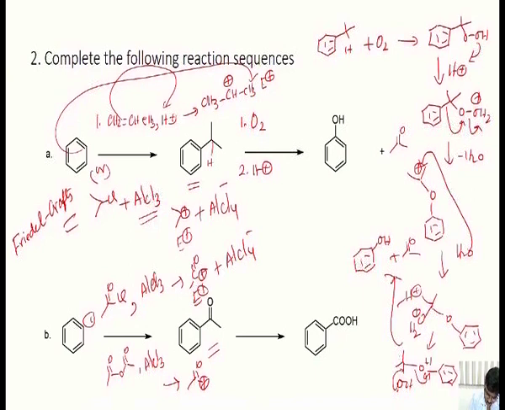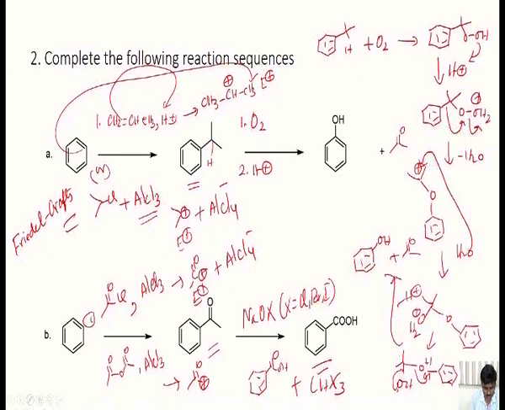This can be oxidized to benzoic acid, as we have seen earlier, when you react with sodium hypohalite. You can oxidize it into benzoic acid and haloform. These are the important reactions.